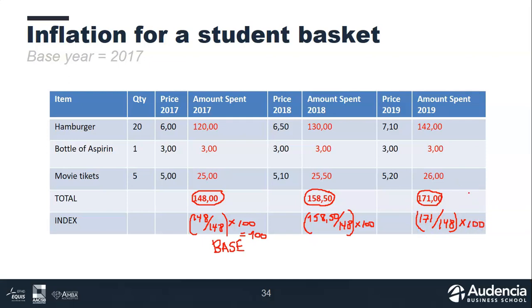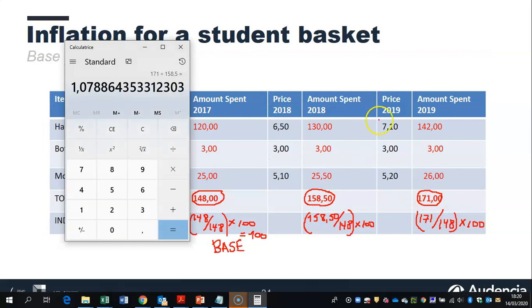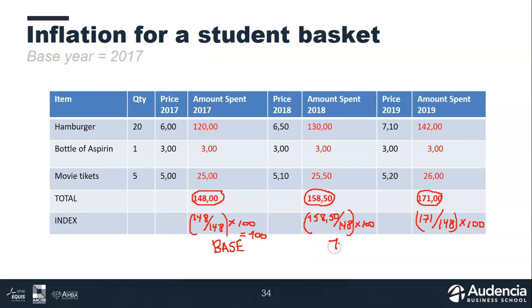So let's bring in our trusty calculator again and see what this gives us. We have 158.50 divided by 148. And that equals, yes, 107, because we multiply by 100.